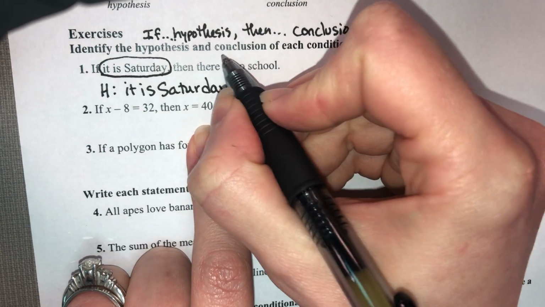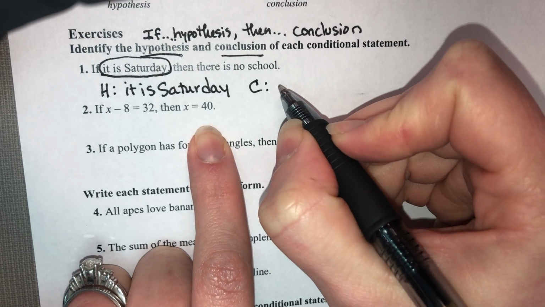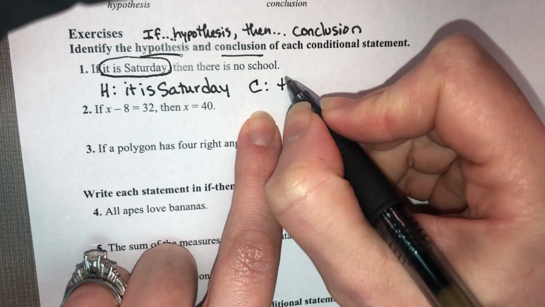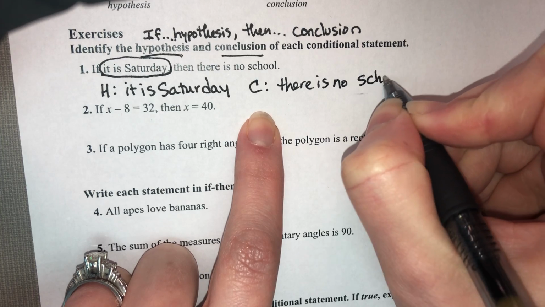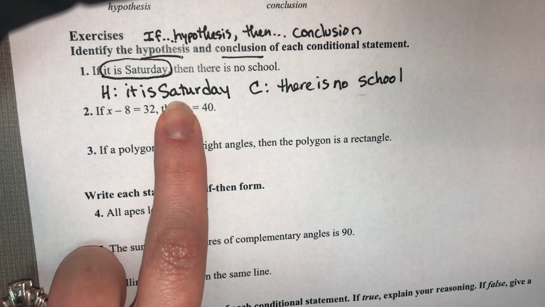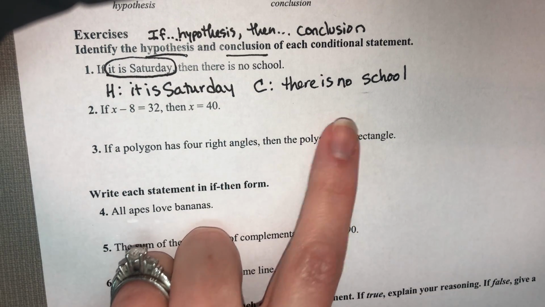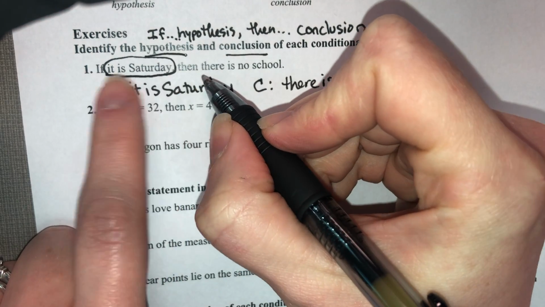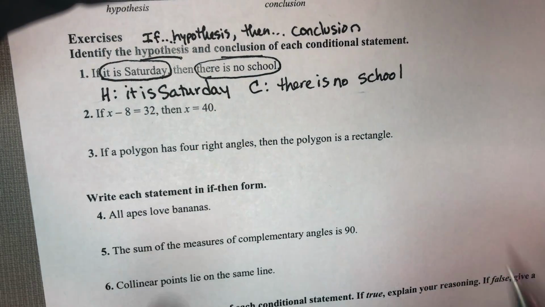So the conclusion, I'm putting a C for conclusion, is going to be there is no school. So the hypothesis is that it is Saturday, and the conclusion is that there is no school. And we found that by finding the words after if for the hypothesis and after then gives us the conclusion.